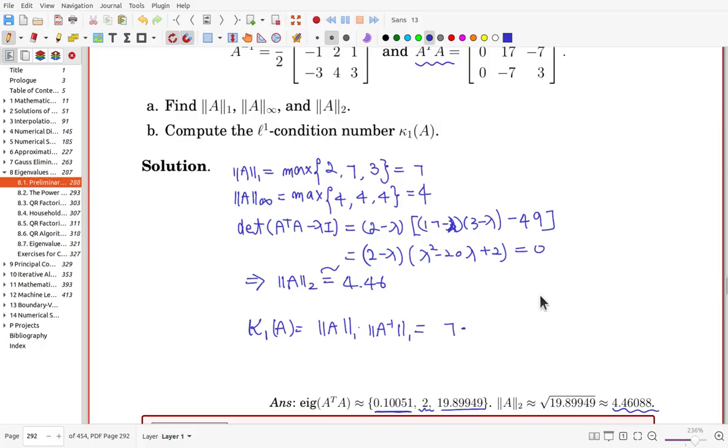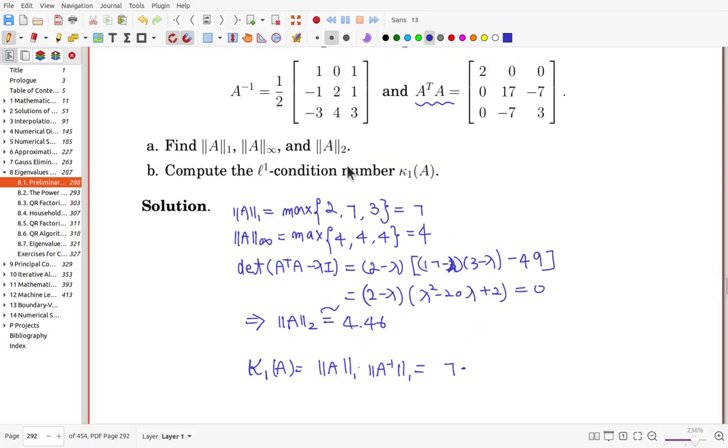Now, for A inverse, we have to get the 1 norm. A inverse is given for your convenience. Now, for that one, that is a scalar multiplication. So in finding the norm, you can put the scalar outside the same way.